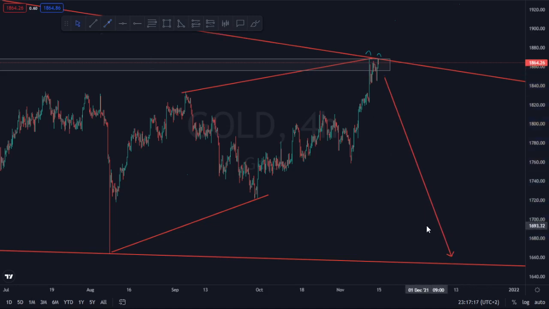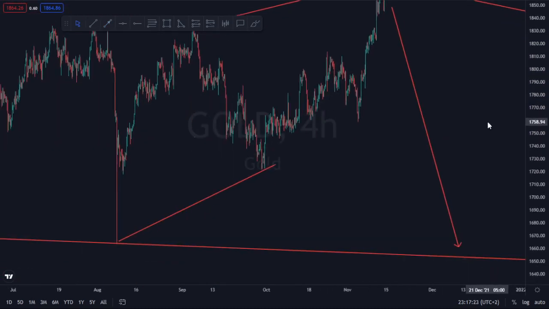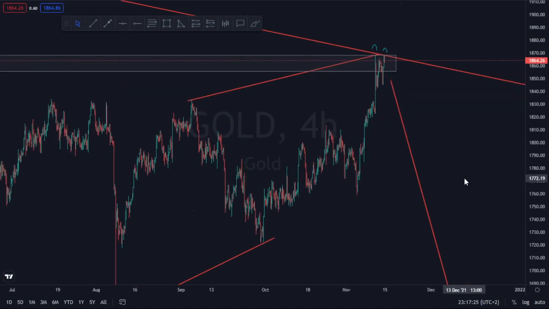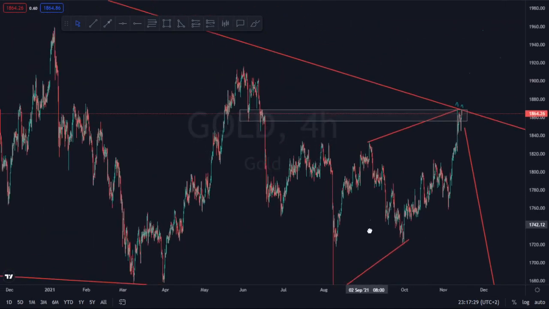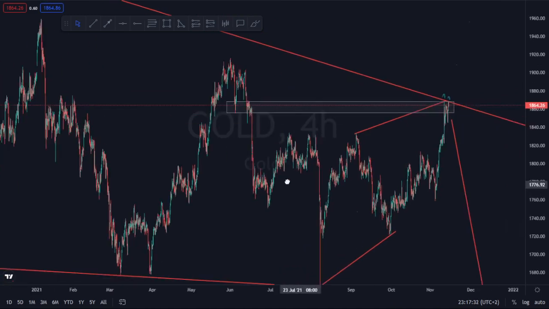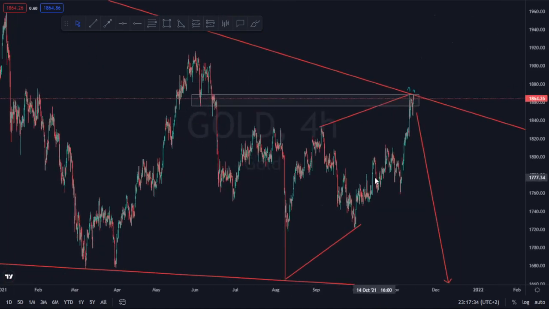I'll be looking for these sells all the way until this low, guys. That's the sell. So it's pretty much simple and straightforward.